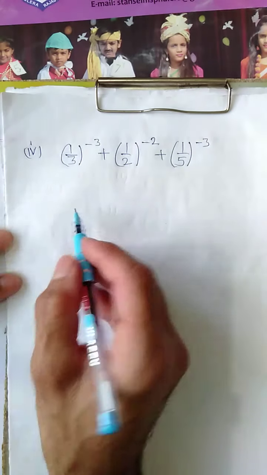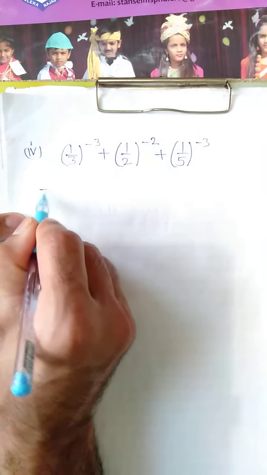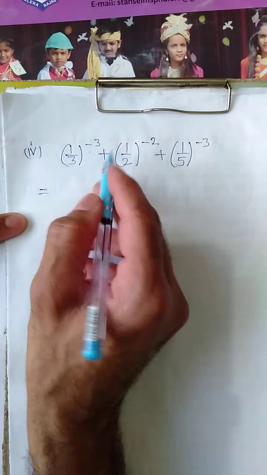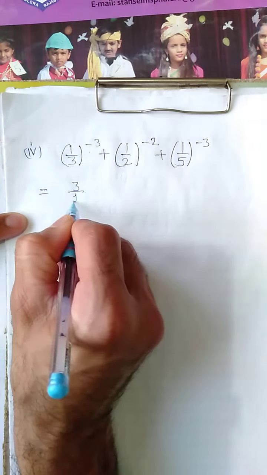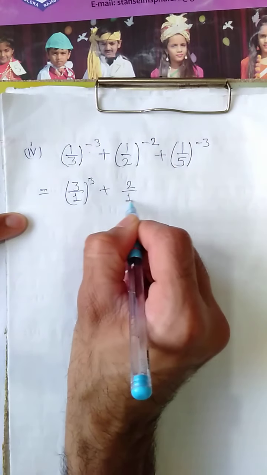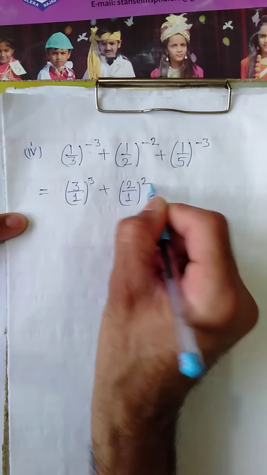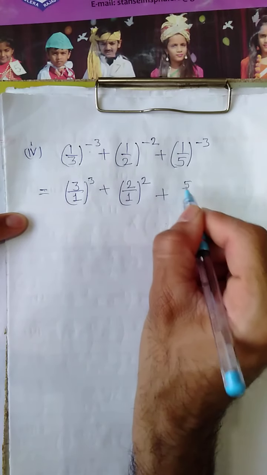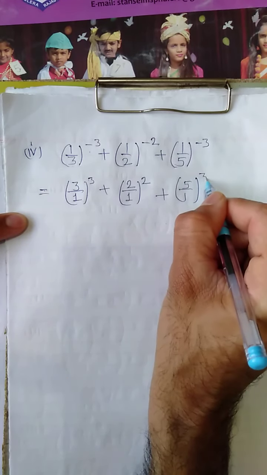In this one what to do? Try to understand. 1 upon 3 power minus 3, can we take reciprocal? 3 upon 1, so 3 power 3, plus 2 upon 1 power plus 2, and plus 5 upon 1 power plus 3.